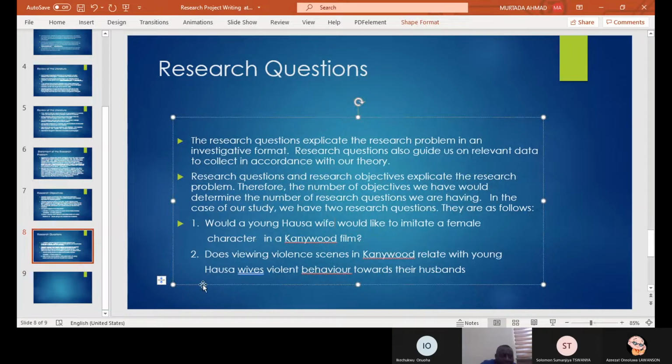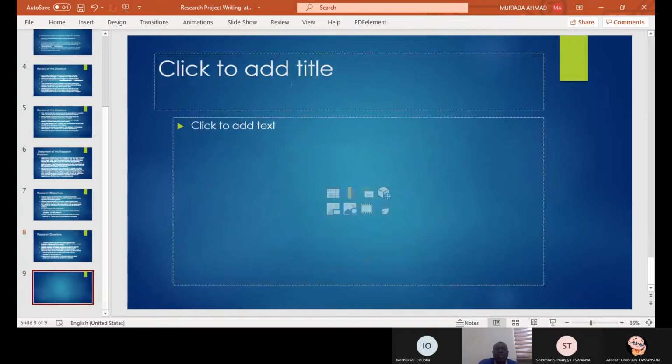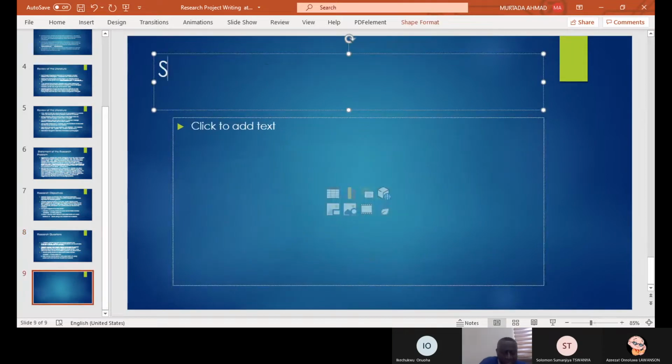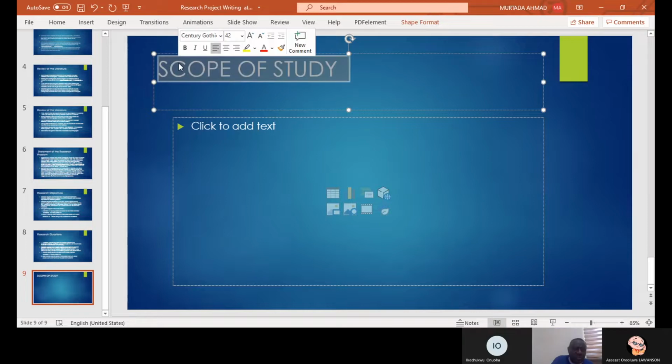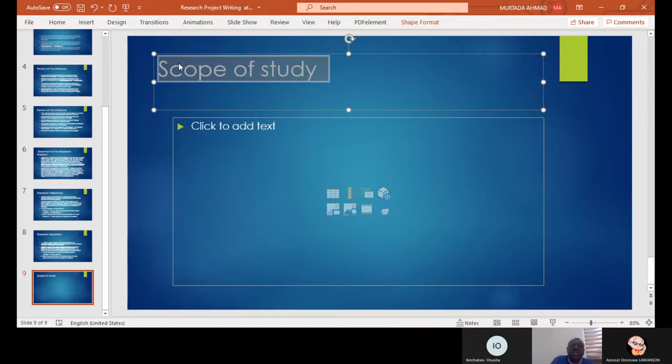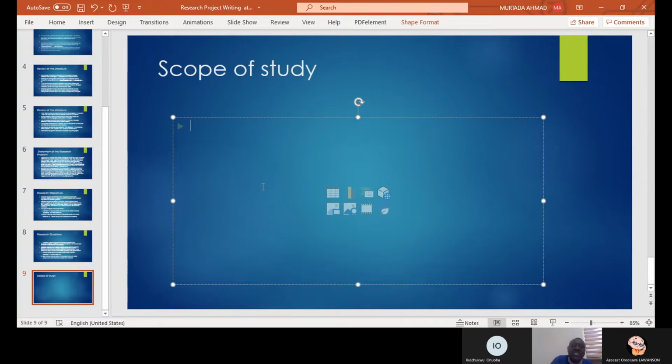Now we have talked about this. Let us look at another thing, which is the scope of study. Last week or so, 2 days ago when we had this class, we did it. We had the class in action, so that everybody is carried along and can see what we are doing and how we are doing it.